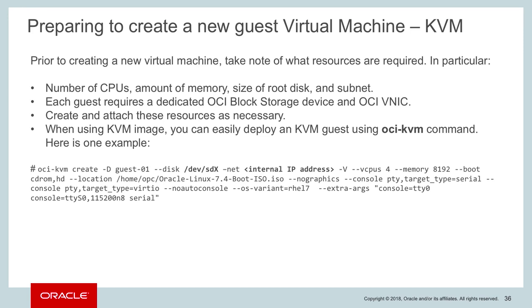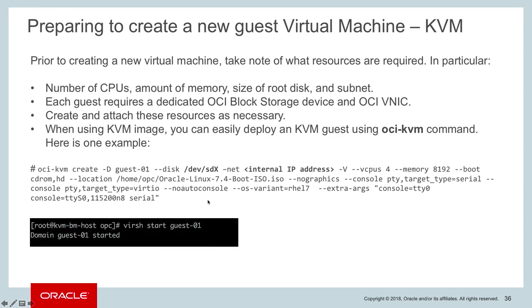So on the KVM image, there is a set of tools, like I said, to help you create guests. And here's an example of a command line called oci-kvm create that's going to give you an idea how you can create a guest, how you can associate a block volume to that specific guest, the internal IP, and the amount of CPU and memory that you want to associate with it.